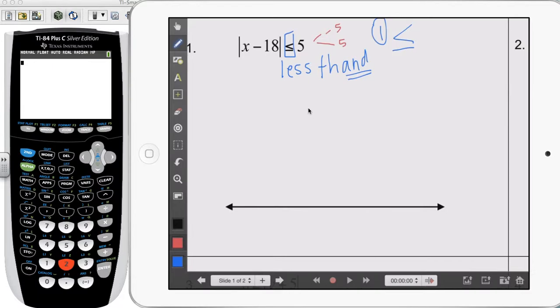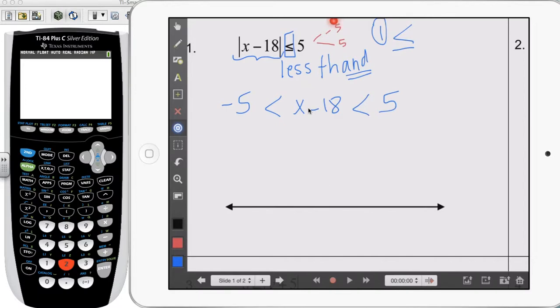So every single time you have an inequality, you have to decide what type of relation is it. Is it a less than or a greater? If it's a less than, this is how you do it. You try to create a compound inequality, saying that whatever is inside the absolute, which is x minus 18, is going to be between the -5 and the 5.